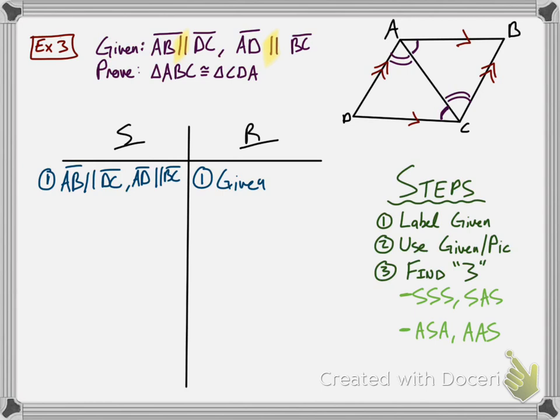So we're going to write that in our proof here. I'm going to start out with BAC is congruent to DCA. And our reason was the alternate interior angles theorem.